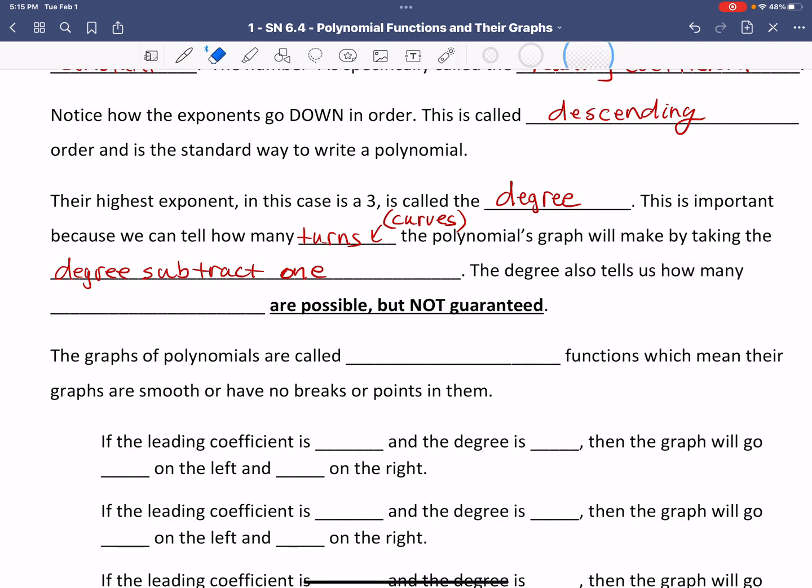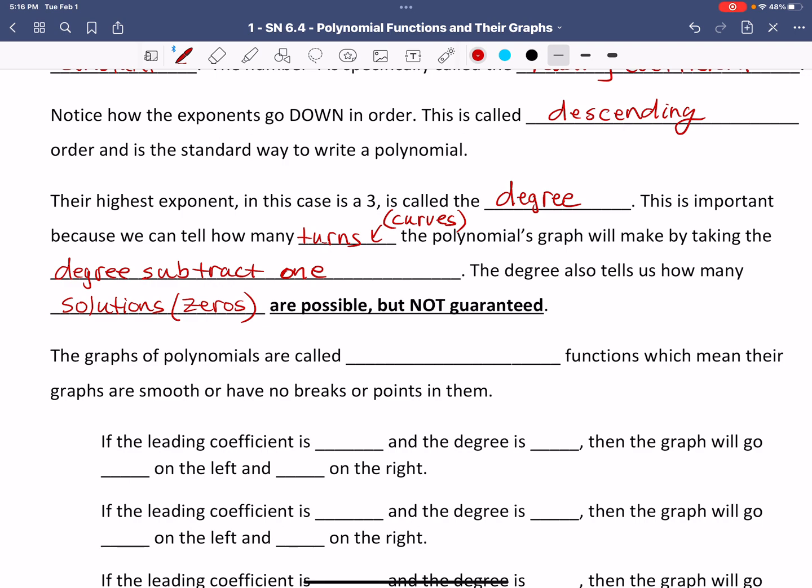Now, the degree can be used for something else. It also tells us how many solutions, otherwise known as zeros, are possible for this polynomial, but not guaranteed. A quadratic equation that has an exponent of 2 as its largest exponent could have 2 solutions. It could have one solution, and it also could have no solutions.